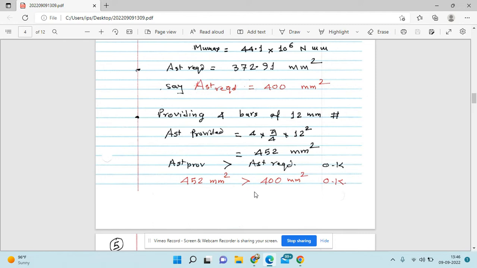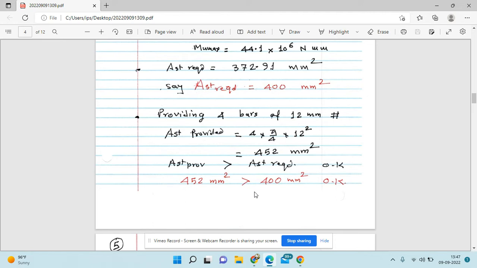Considering 4 bars of 12 mm diameter, the total area of steel provided is 4 times pi by 4 d square, which comes out to be 452 mm square. Ast required is 400 mm square, and provided is 452 mm square.